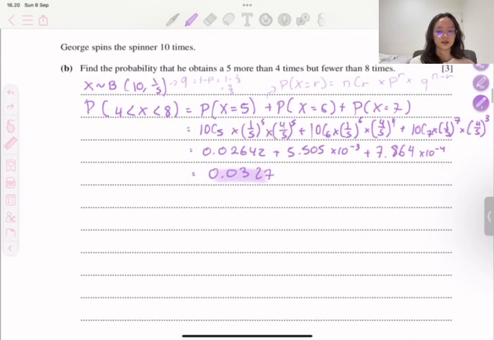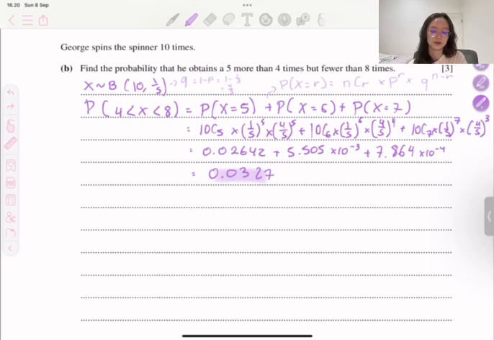Next question. George spun the spinner 10 times. B. Find the probability that he obtains a 5 more than 4 times but fewer than 8 times. So here the situation is now a binomial distribution because we have a fixed number of trials, which is 10.